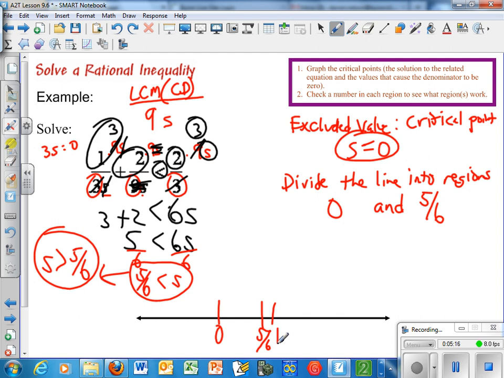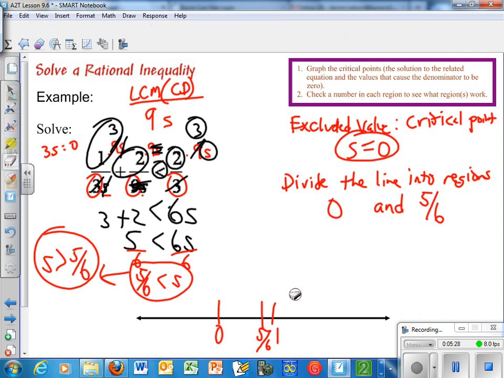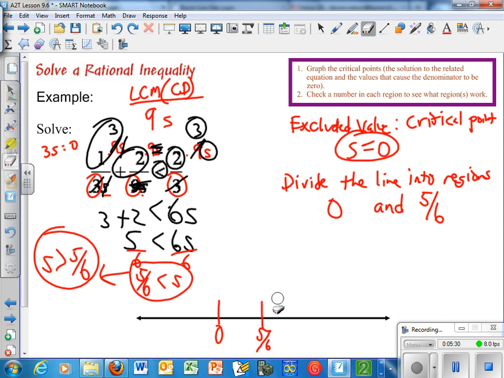So what we've done is we've divided it into regions using our critical values. Now we want to pick a value in each region. So here's what I mean by that. I want to pick something down here, in the negatives, less than 0, so I'm going to pick -1.